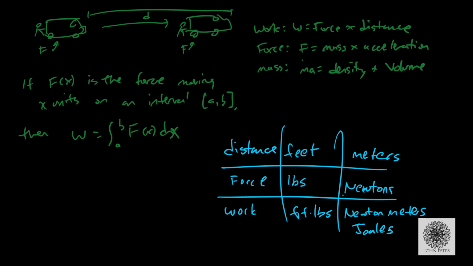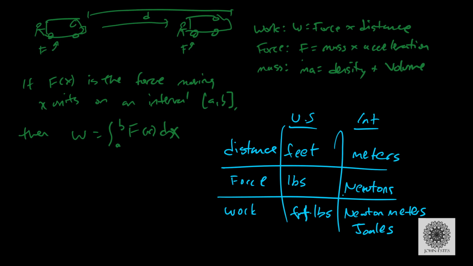Okay, so in the US customary system we use feet for distance, pounds for force, foot-pounds for work. And that does say foot-pounds. In the international standard we use meters for distance, newtons for force, and newton meters or joules for work. And so we'll commonly use joules here.